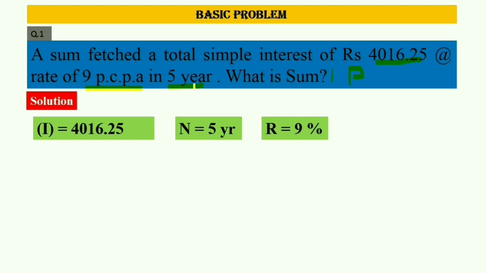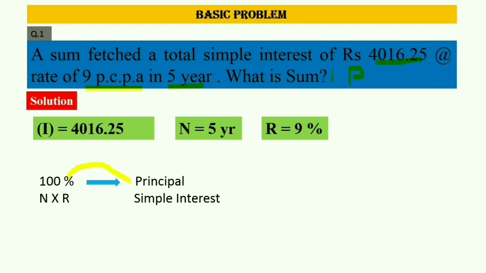But we are not using the formula. We are simply applying the approach of considering 100% as the principal. The first line we understand, but in the second line I have written NR, that is, time period into rate of interest is equal to simple interest. So how does this come?